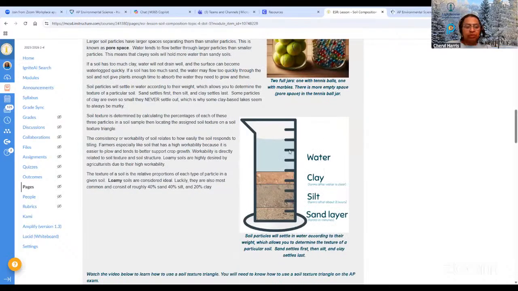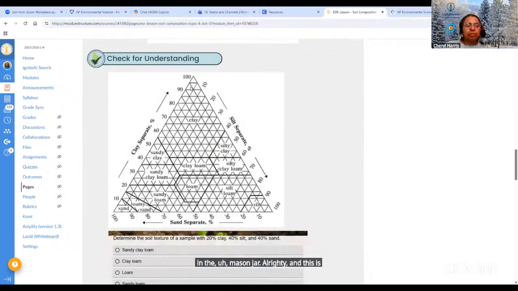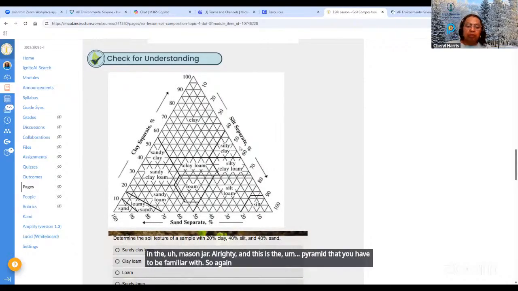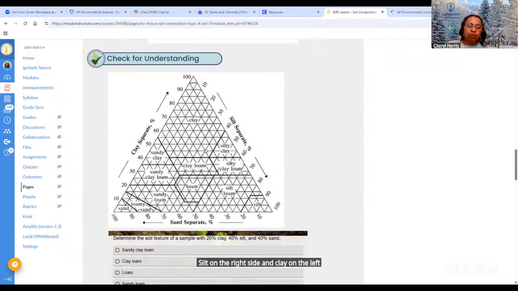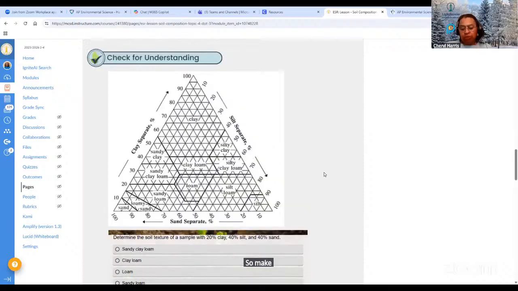And this is similar to what he had in the mason jar. Alrighty. And this is the pyramid that you have to be familiar with. So again, sand at the bottom, silt on the right side, and clay on the left side. And you're always going to be finding a central place and coordinating the information that you collect. So make sure you read over this.